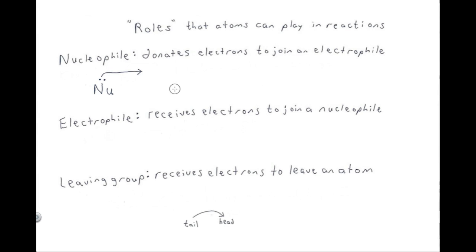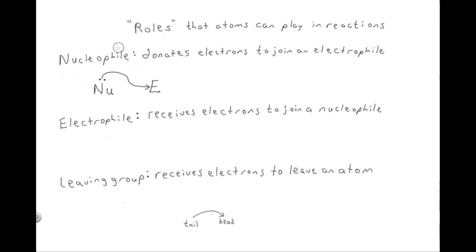Now, this raises the obvious question, who should we put at the head of this electron-pushing arrow? That should be pretty easy because the full definition of a nucleophile is that a nucleophile donates electrons to join an electrophile. That makes clear that we need to put the electrophile at the head of this electron-pushing arrow.